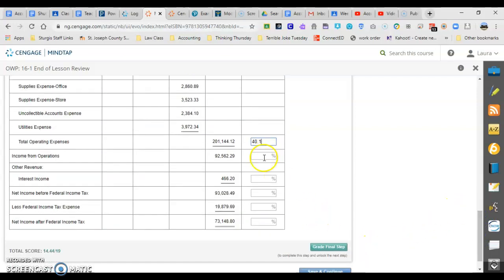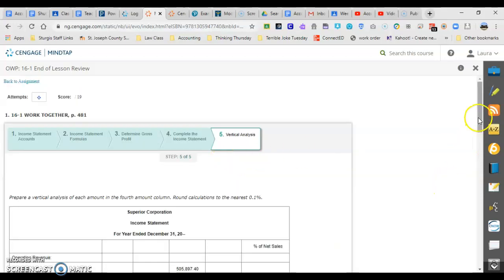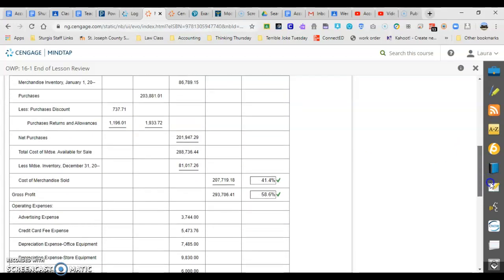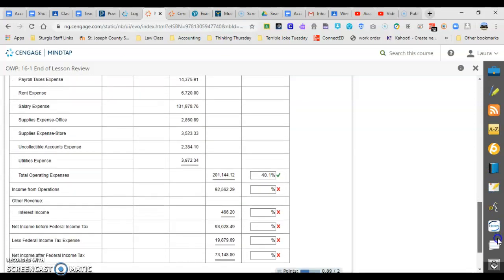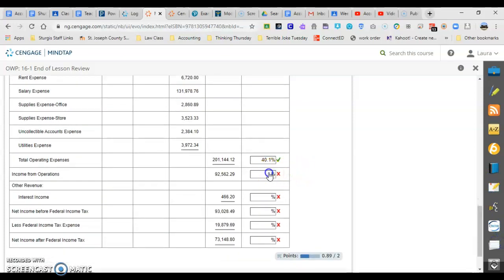So you're going to do the same thing for all of these. Take this number divided by total revenue, this number divided by total revenue. They're all divided by the total revenue, and then I'll show you what this gives you. Once you get that, you'll get 18.5% as your income from operations. Interest income is 0.1%.